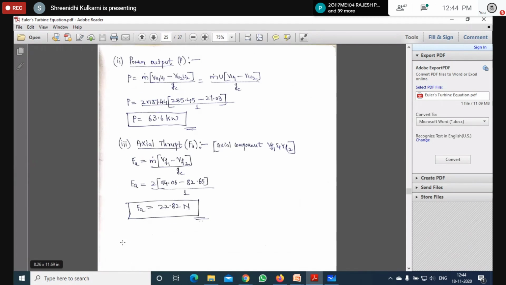So we'll get the axial thrust as 22.82 newtons. Fa is equal to 22.82 newtons.